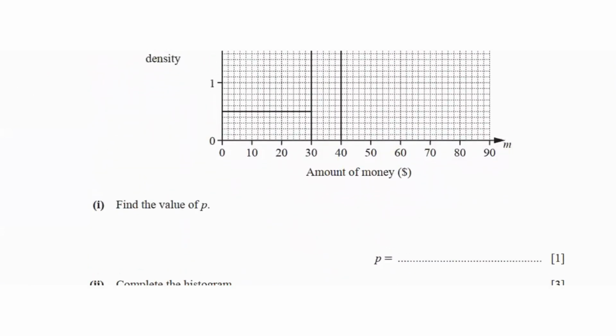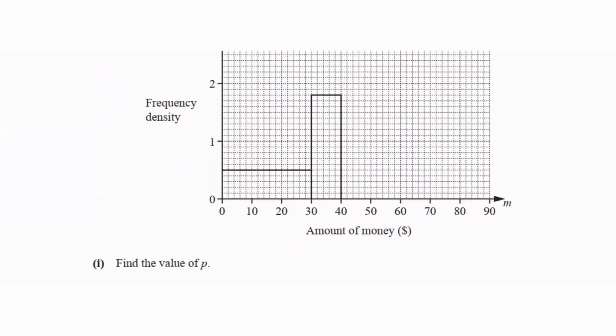Find the value of P. So if you look at the frequency density for 0 to 30, that is 1, 2, 3, 4, 5. That's 0.5. So frequency density has the formula of frequency over class width.